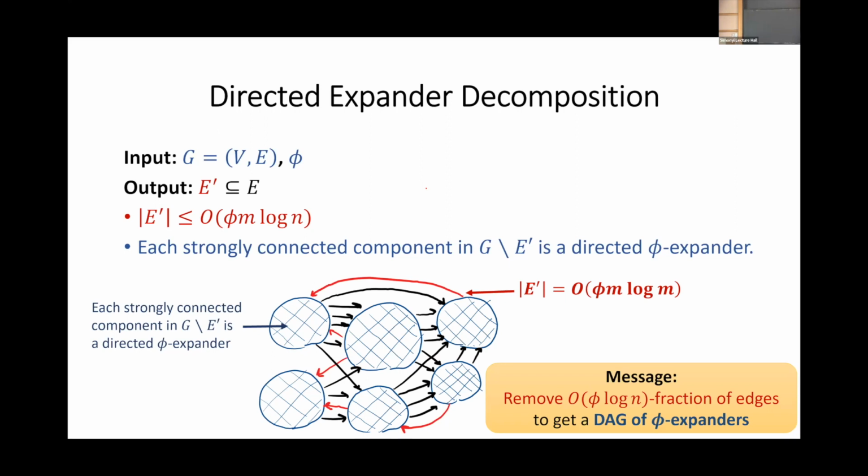The picture looks like this: strongly connected components which are phi expanders, the red edges are a phi fraction, and you have a DAG of expanders after deleting a phi fraction of edges. The black edges between them could still be negative.